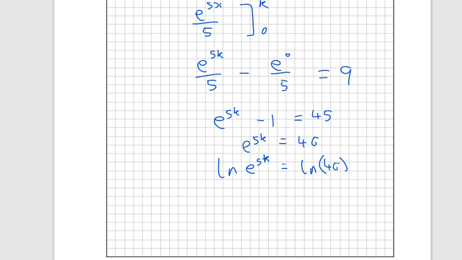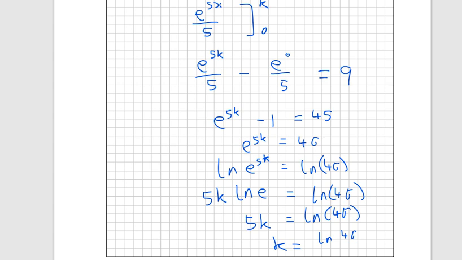So 5k ln e is equal to ln 46. Now, ln e cancels out to be 1. Therefore, 5k is equal to ln of 46. And k is equal to ln 46 over 5. That's all.